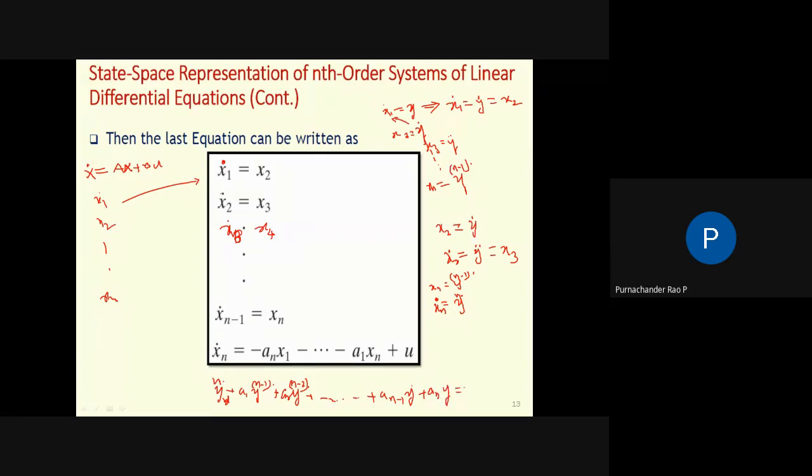This will be equal to u. Therefore, from this xn dot will be equal to yn dot.